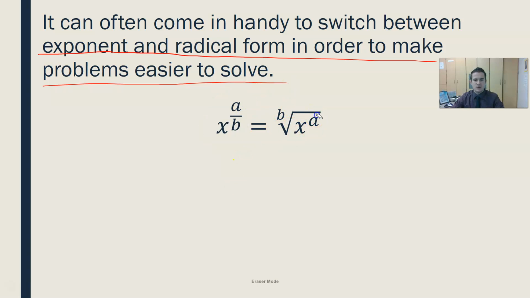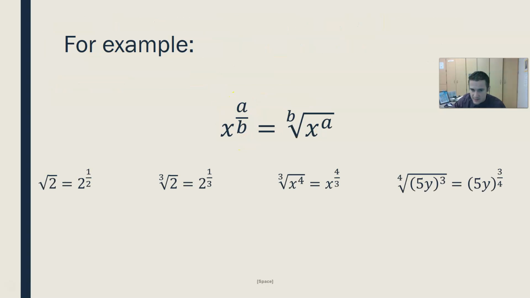Notice if I have something written with a fraction exponent here, the bottom becomes the index, the top becomes the exponent. The root goes in the ground, the exponent goes in the sky. That's a way that I like to remember it. The root goes in the ground, the exponent goes in the sky. Top, bottom, sky, root. Okay?